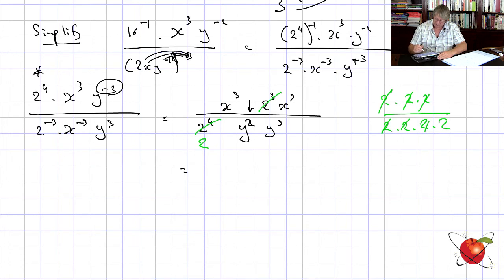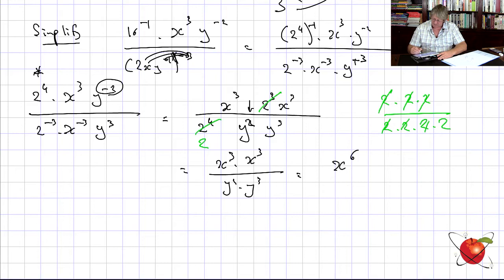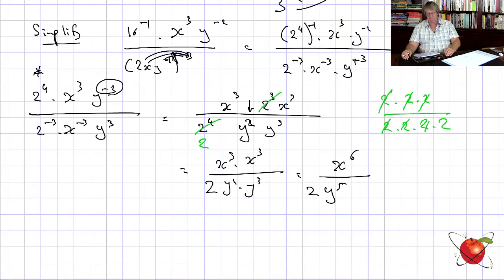On top, therefore, we end up with x cubed and y squared, y cubed, which is x to the power of 6, y to the power of 5, okay? And my 2 at the bottom, all right? Now, that's a fairly straightforward one, okay?